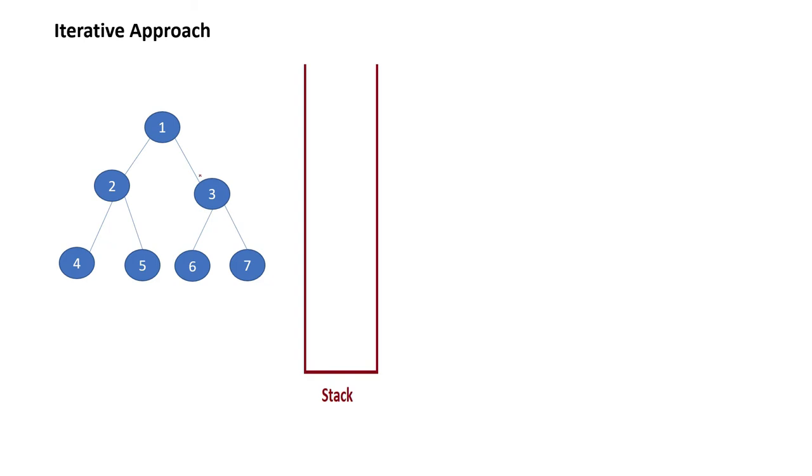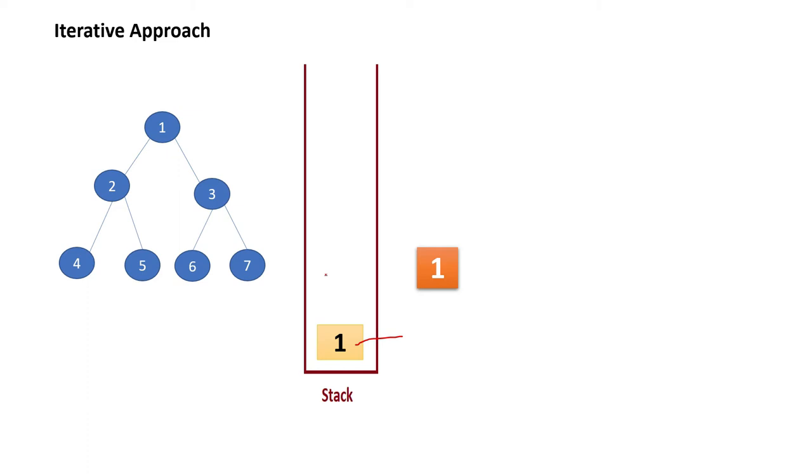So in the stack, what we will do is first push the root node, that is 1. Then we will pop it out and print. Before popping out or maybe after popping out, we will push the left and right of this root node.